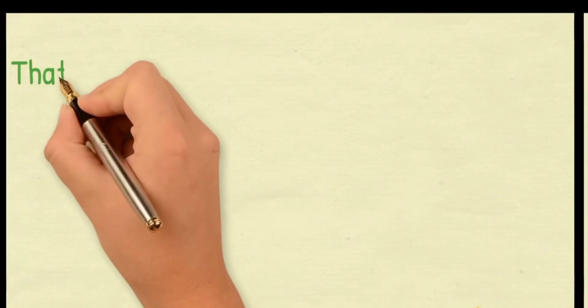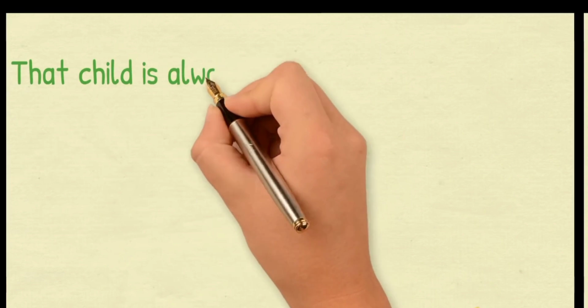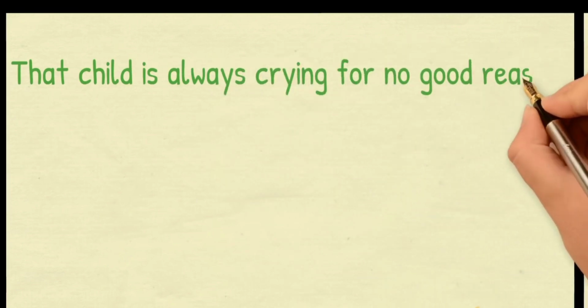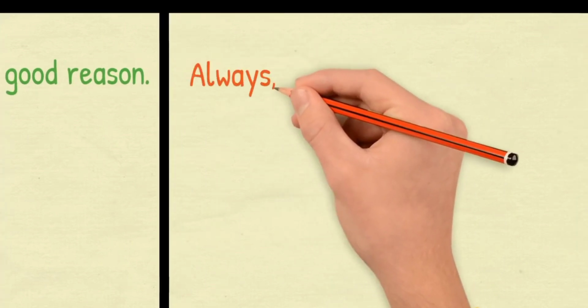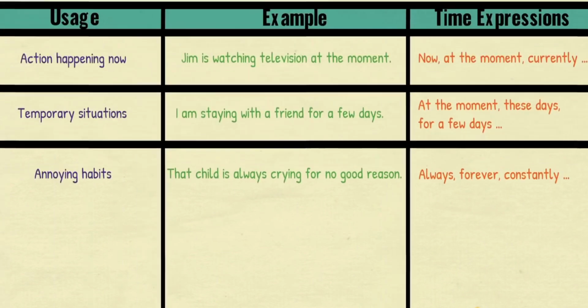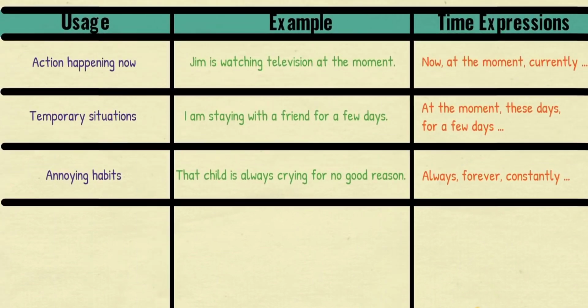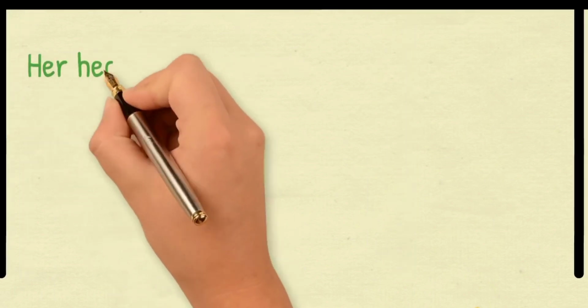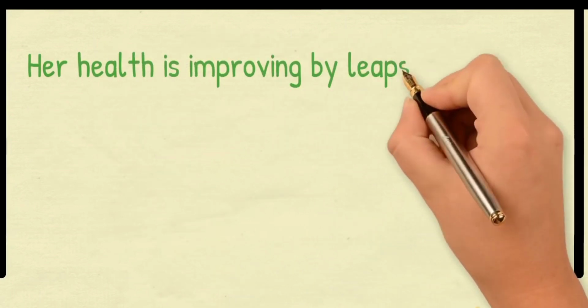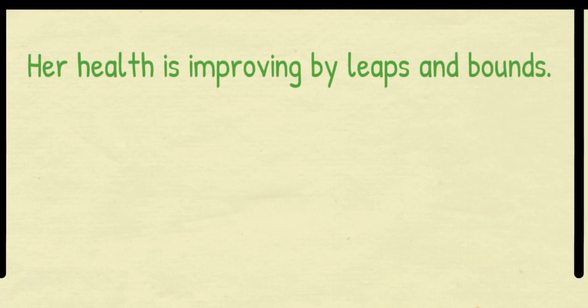Annoying habits: that child is always crying for no good reason. Always, forever, constantly. Changing situations: her health is improving by leaps and bounds.